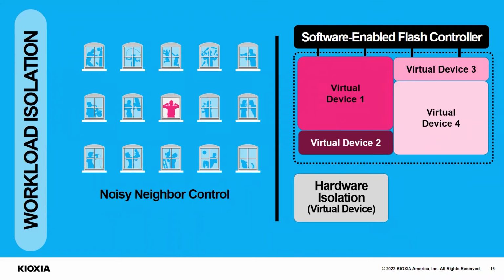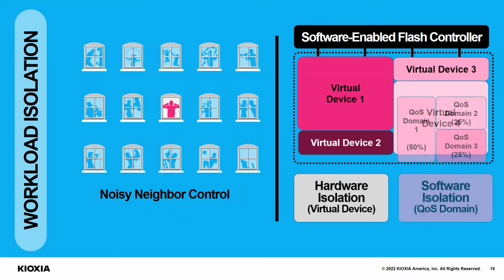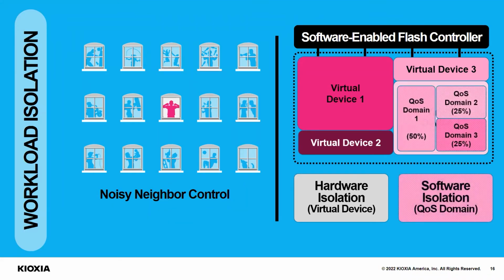And on top of that, a more granular method: software-enabled flash supports software isolation, which we call quality of service domains. This enables finer grain isolation and data placement control at the super block level, where a super block is a stripe across a bunch of dies. Think of it like a RAID stripe.